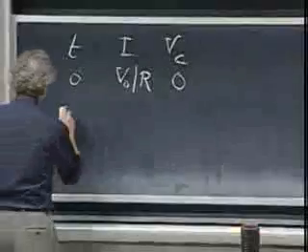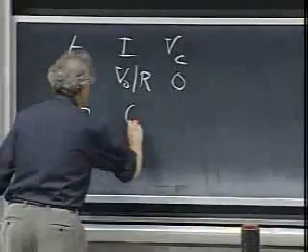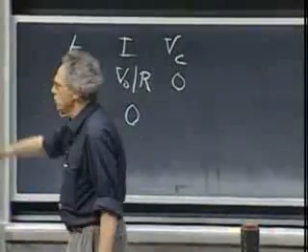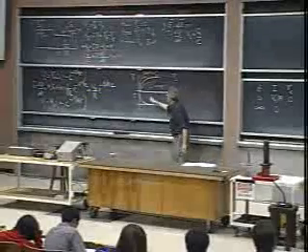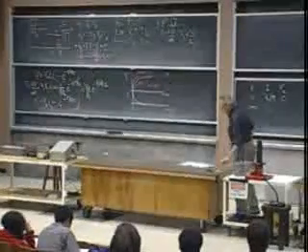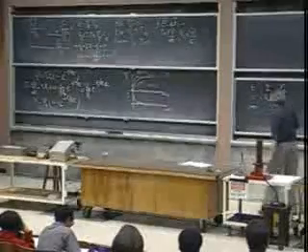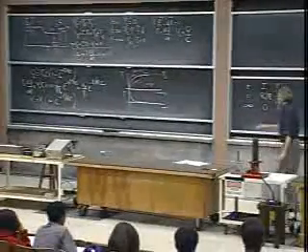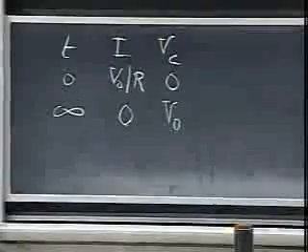If you wait long enough, then the current must go to 0. That exponential function goes to 0. And your potential over the capacitance then reaches V0, which is exactly consistent with our solution.